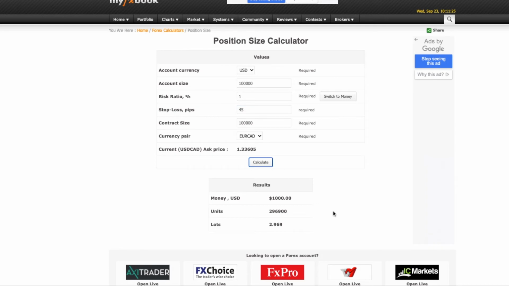So, depending on how your broker is set up, these are the important numbers, units and lots. But now that we have the amount that we have to risk on this pair for 45 pips at a $100,000 account for 1%.